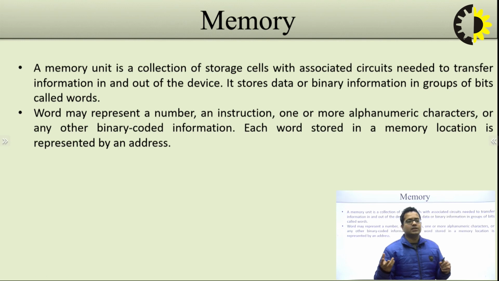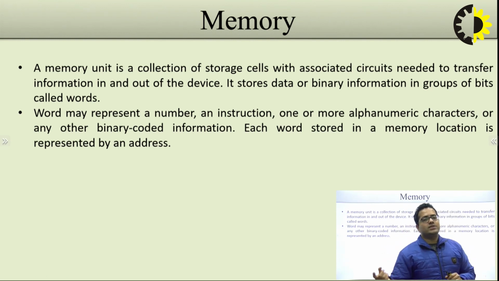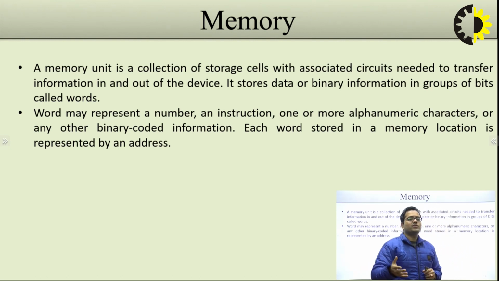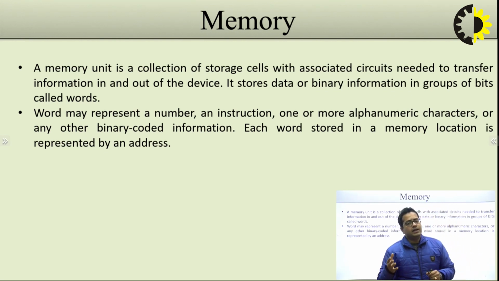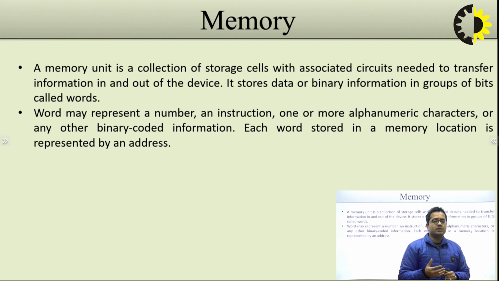We have two things: first the program, and second the data. A program is a set of instructions. Whenever we execute a program, the processor executes the instructions one by one, and those instructions may also require further processing on data.